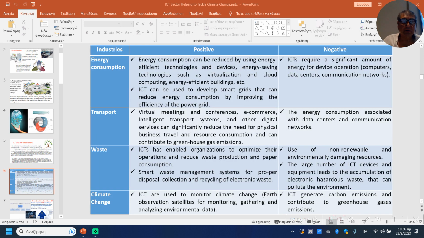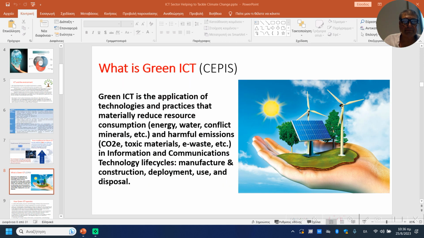Now, because everybody maybe is waiting for the coffee break, I'm not going to show in detail the positive and negative impacts of the ICT. It's on the screen.